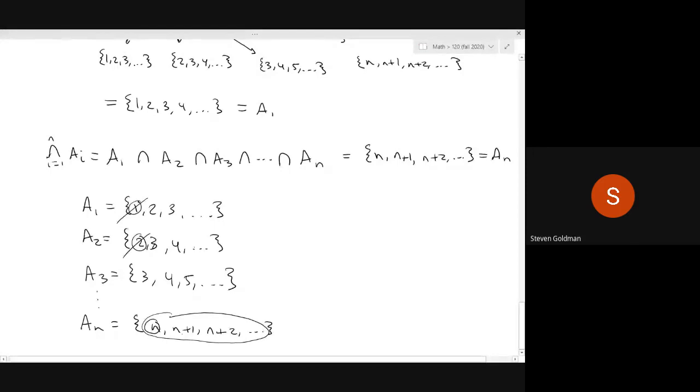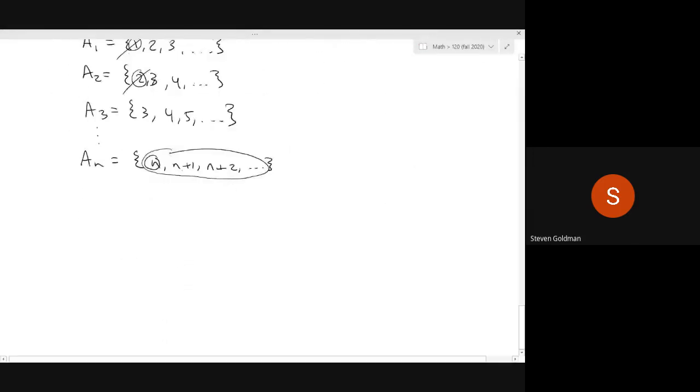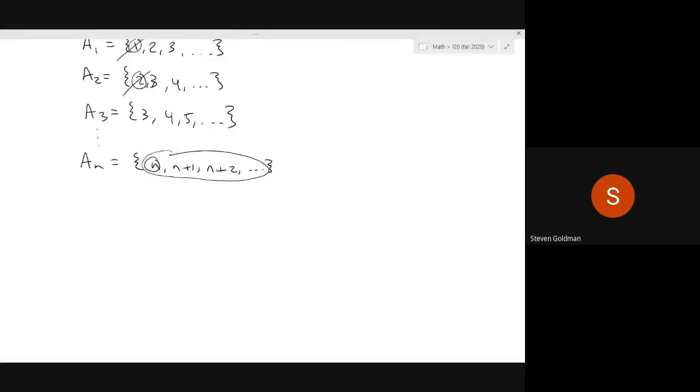Okay. So we can also talk about a union or intersection of sets where we have an infinite number of sets. Let's say, for example, I wanted to talk about the union of the sets A sub I going from I equals 1 to infinity. So that would be a union of an infinite number of sets. Right?